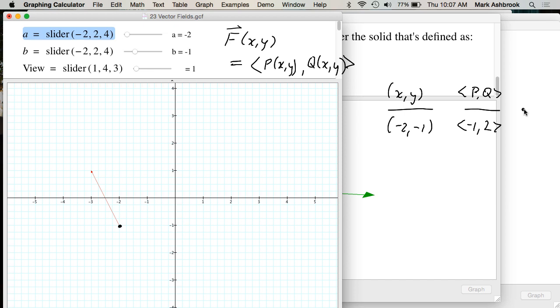Okay, so in this same field, let's just change it up here. So here now, A is 1. So get your independent quantity and your resulting vector.